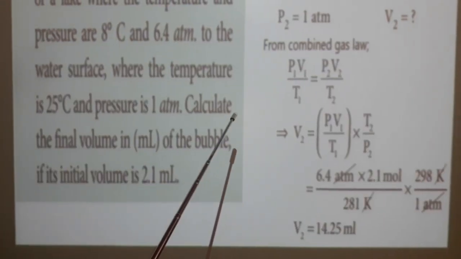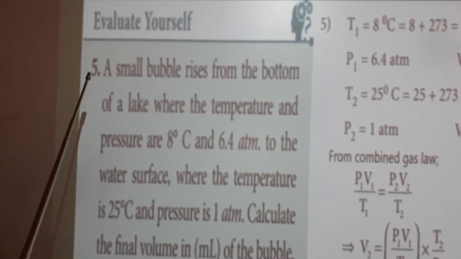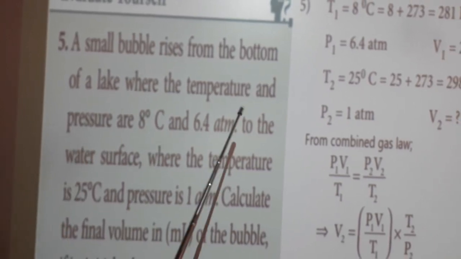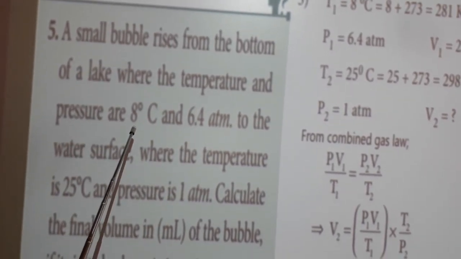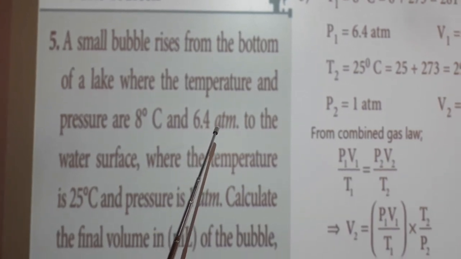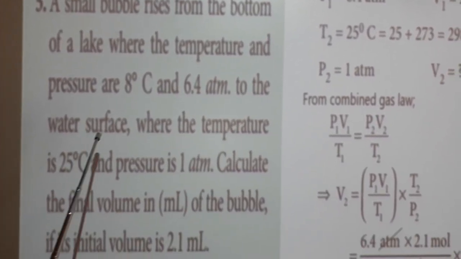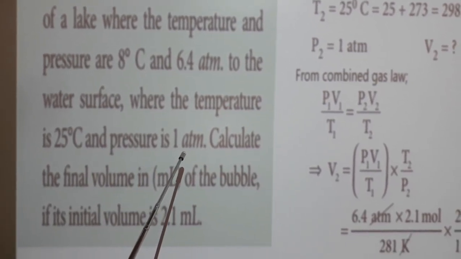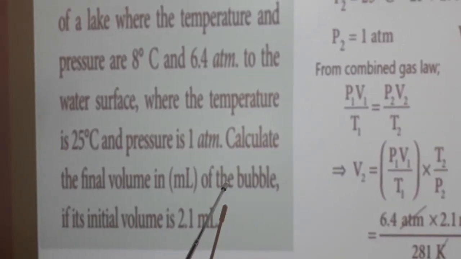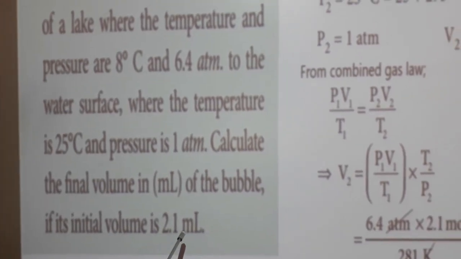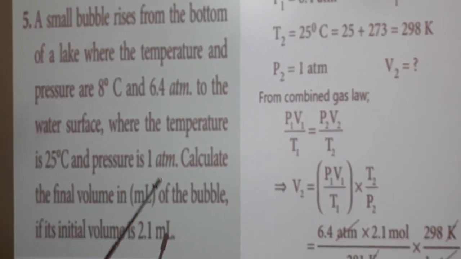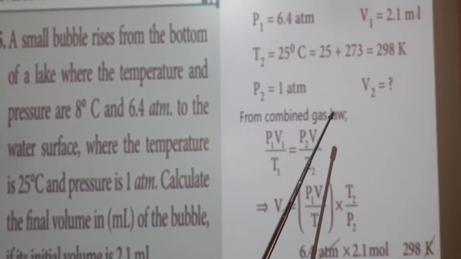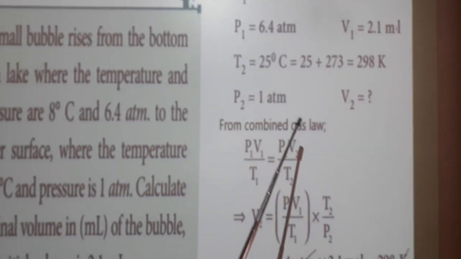Then evaluate: a small bubble rises from the bottom of a lake, where the temperature is 8 degrees Celsius and pressure is 6.4 atmosphere, to the water surface, where the temperature is 25 degrees Celsius and the pressure is 1 atmosphere. Calculate the final volume of the bubble, given the initial volume is 2.1 ml. In this problem they have given temperature, pressure and volume, so it is a combined gas law problem.